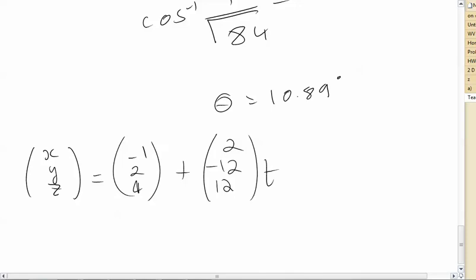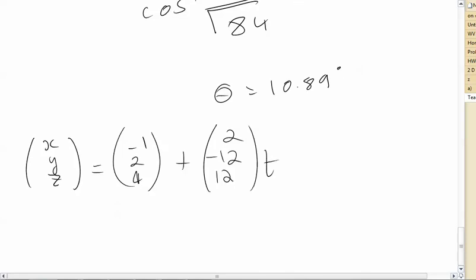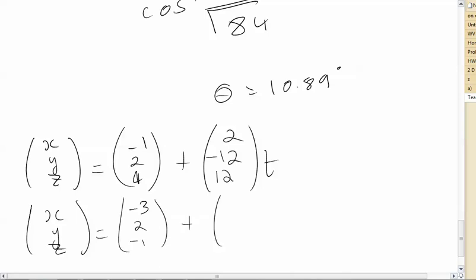So the variable is t. And then for the second one, we do also x, y, z equals negative 3, 2, negative 1 plus 4, 3, negative 1, also times s, my bad.